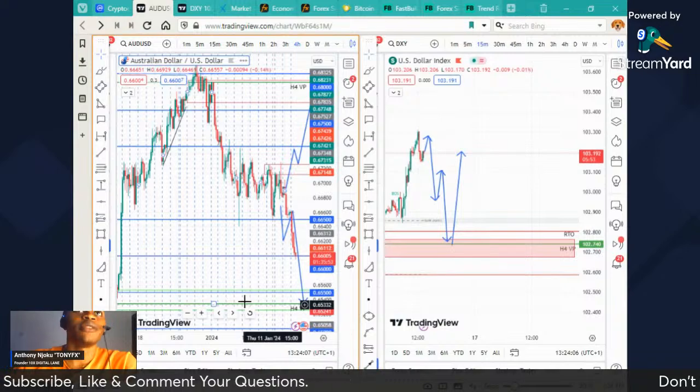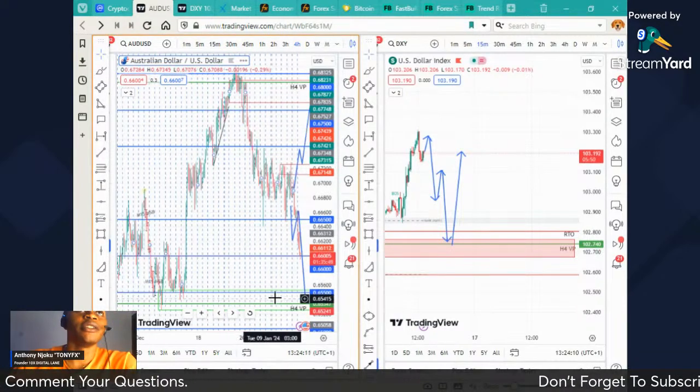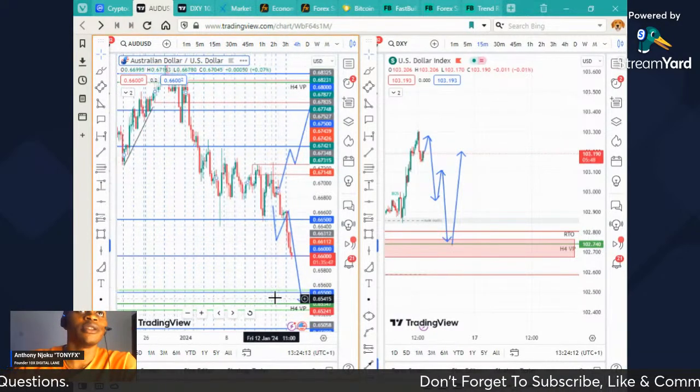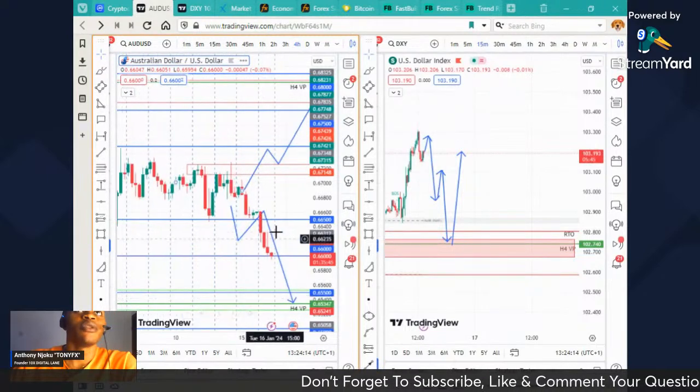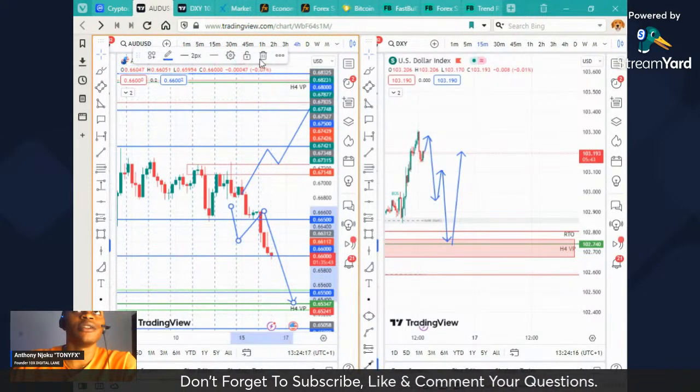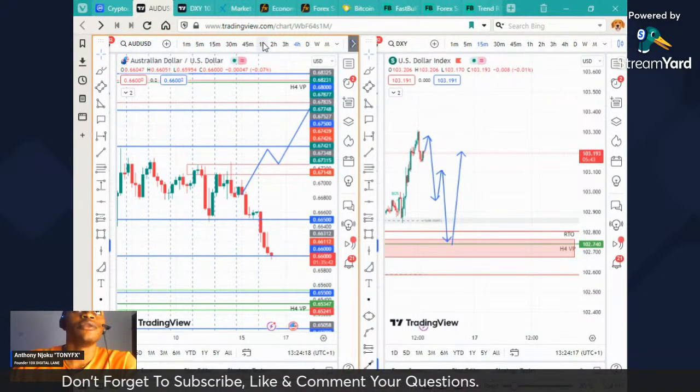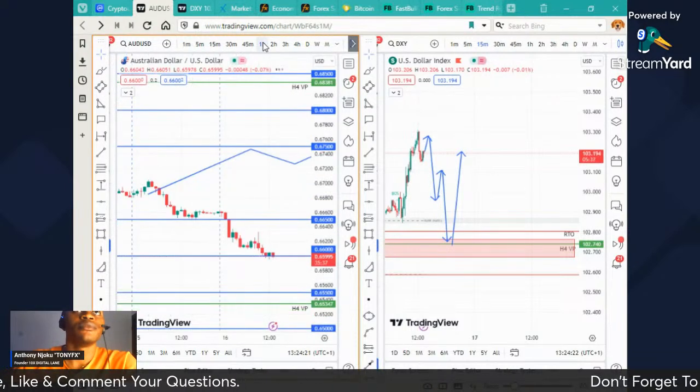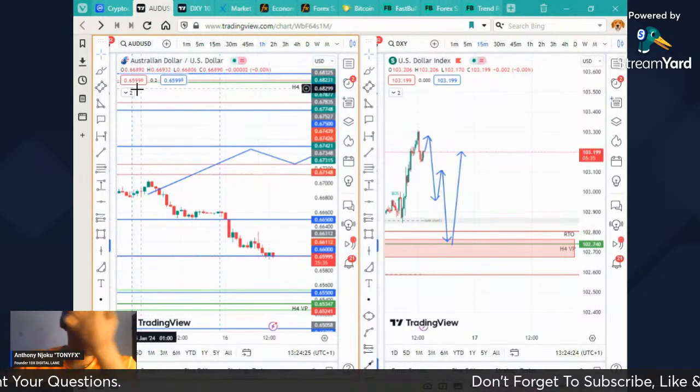So that's what I see for AUDUSD. The target is below here, but let's see if we can get a little correction area to continue the sells.